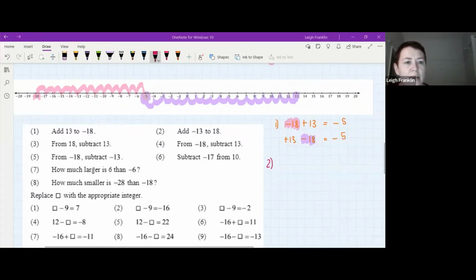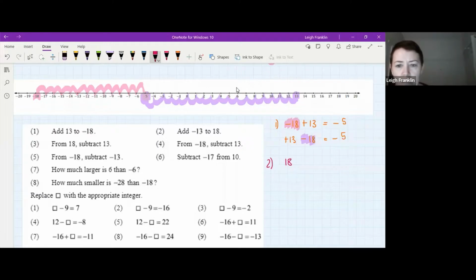Jessie, can you make a number sentence for us from number 2? Can you tell me what to write? Okay, Tenji, you do it. In number 2, what should we write, Tenji? So for number 2, you have to start from positive 18.